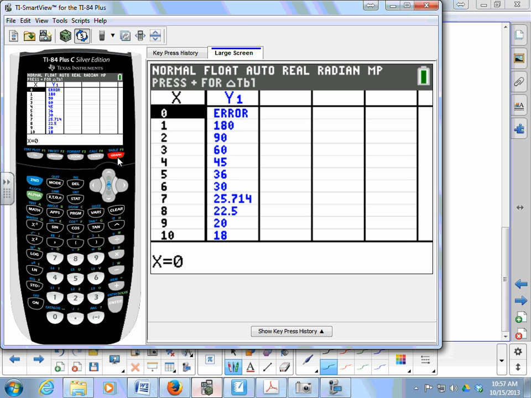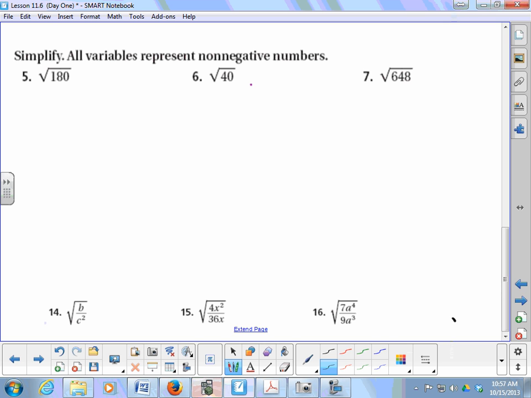So 36 is a square, so I'm going to change 180 to the square root of 36 times 5, which is the square root of 36 times the square root of 5, and the square root of 36 is 6.